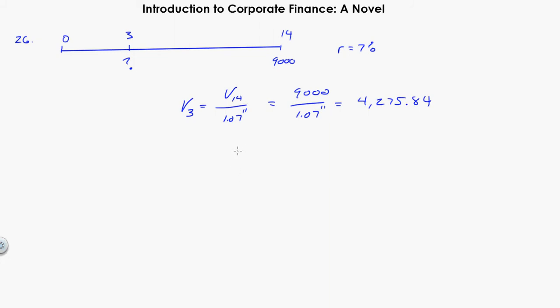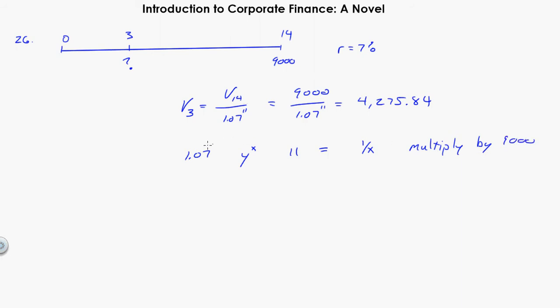So the best way to do this in the calculator is to type 1.07, then y to the x, then 11, then equal, and that gives you a big long number, right? Rather than writing that number down and maybe miscopying it or rounding it off, press the 1 over x key, and that's going to take this number in the denominator, flip it over and put it in the numerator, and then you multiply by 9,000.